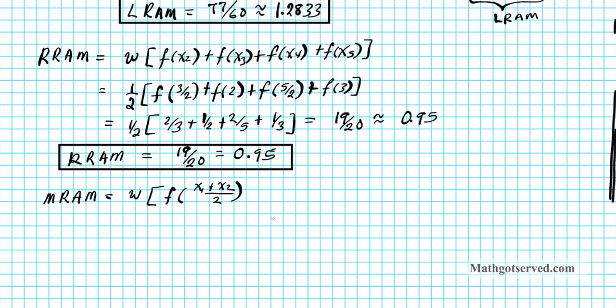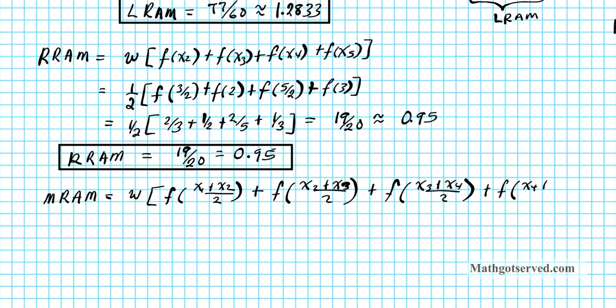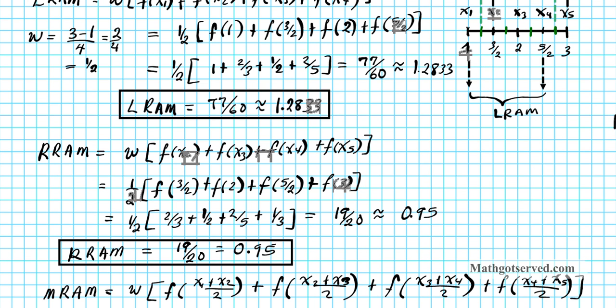That's how we are going to determine the input values for our midpoint rectangular approximation. So that plus f of (x2 plus x3) over 2 plus f of (x3 plus x4) over 2 plus lastly f of (x4 plus x5) over 2.